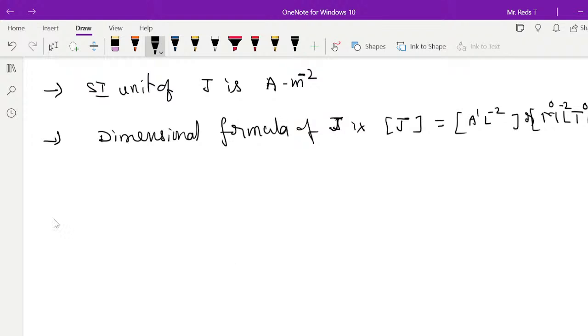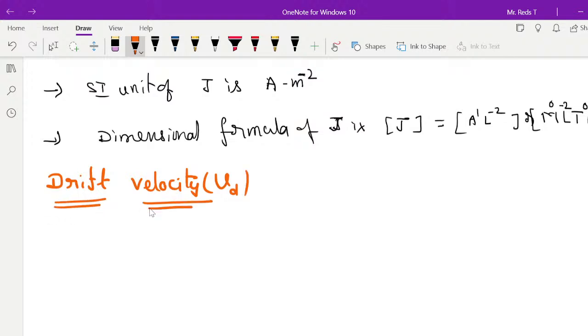Next, what is drift velocity? Drift velocity, let us denote it by V suffix D. Let us consider a small conductor here to understand the meaning of drift velocity.